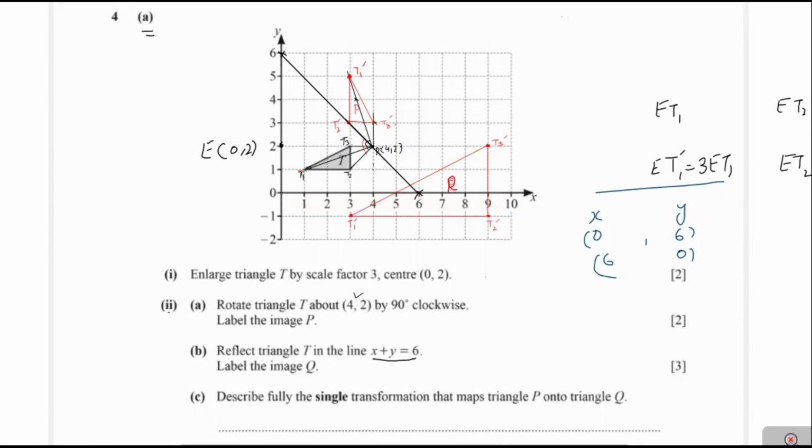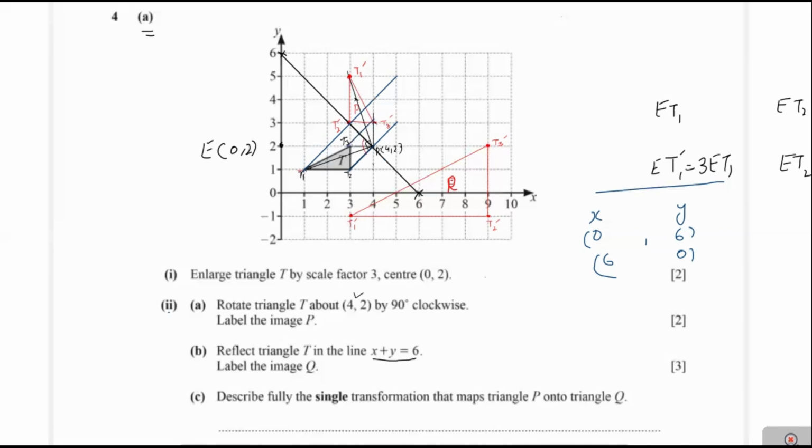We draw a perpendicular line and extend it. Next is T3. We draw another perpendicular line and extend this. Next is T3, perpendicular from T3 to this line, you see here.